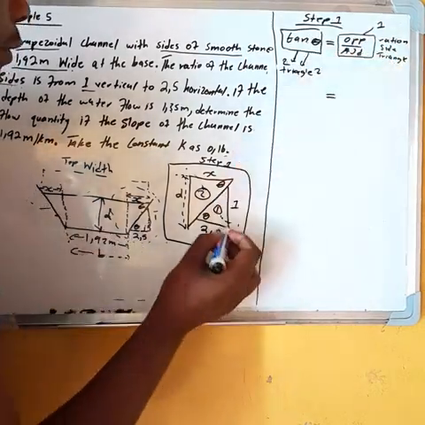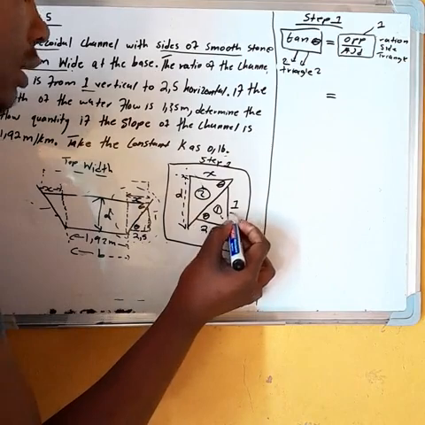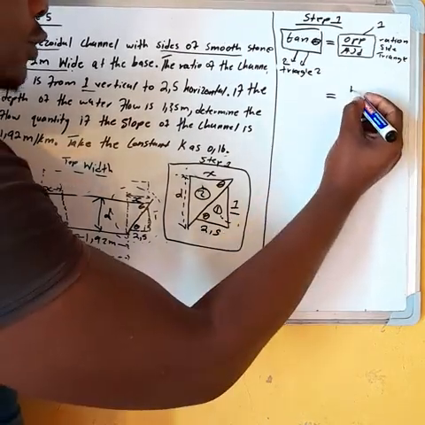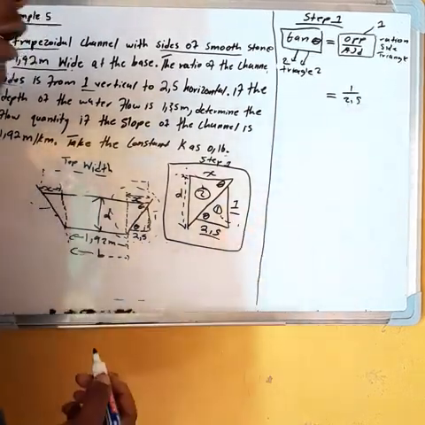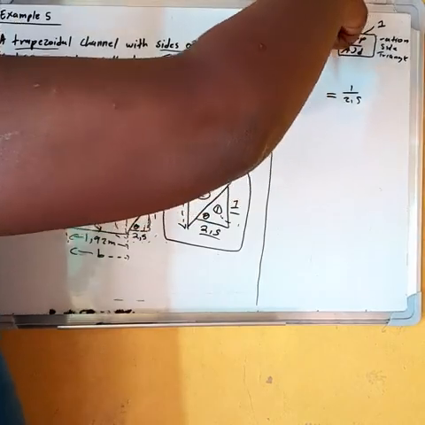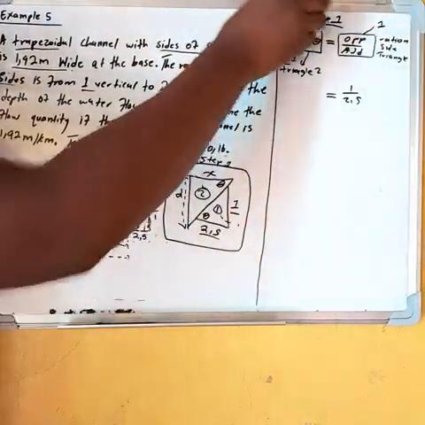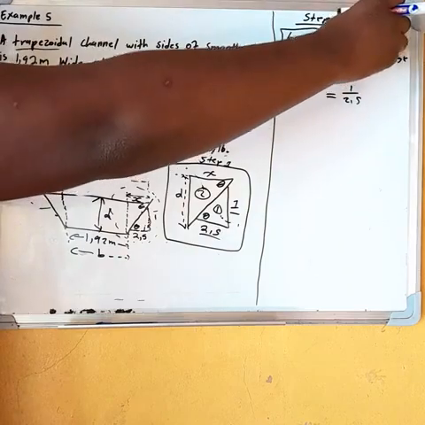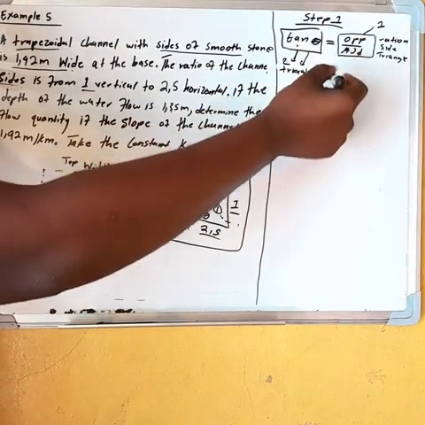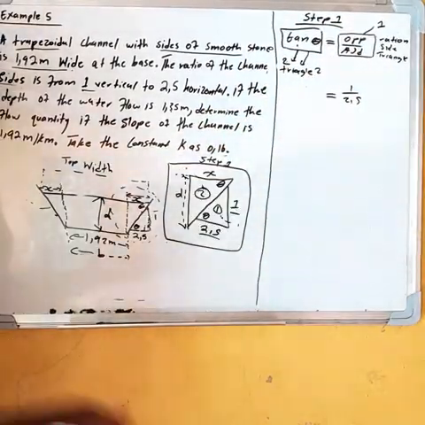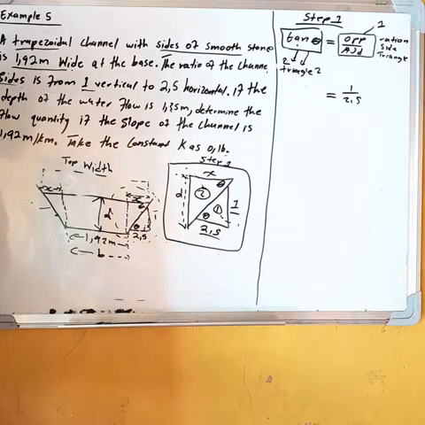Opposite over adjacent from triangle 1 is what? Opposite is this, it's 1, right? It's 1 over, adjacent is 2.5, right? Here, remember, tan also is what? Opposite over adjacent. Tan theta is what? Opposite over adjacent also, right?